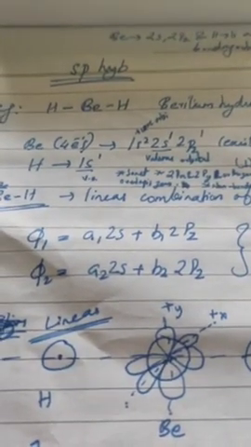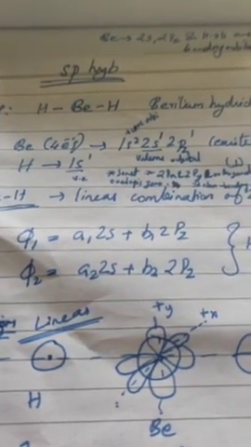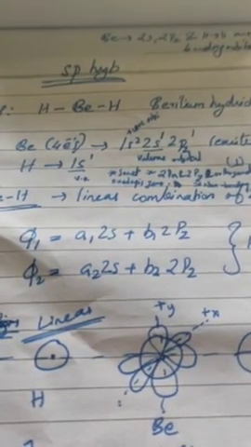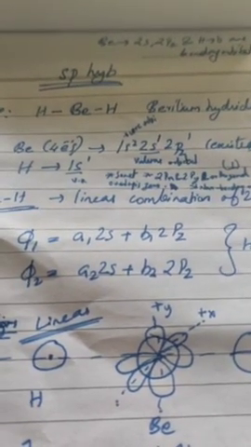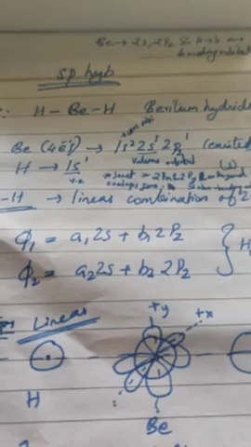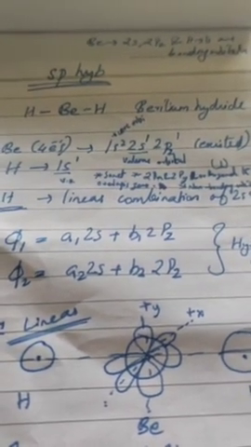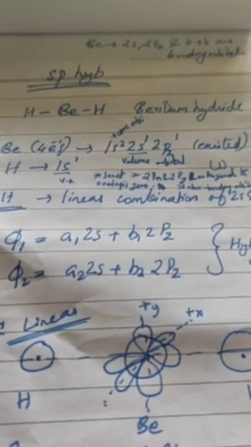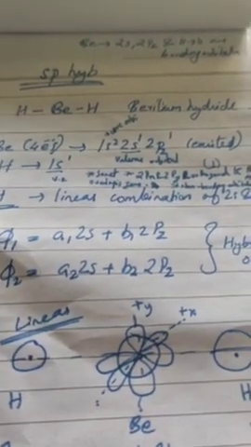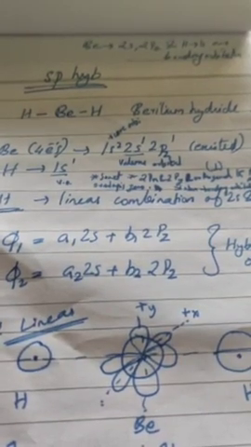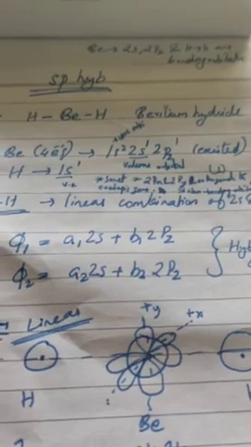And as you know, beryllium has 4 electrons, 2 of them in the 1s orbital and 2 in the 2s orbital. This is for the ground state, but when we consider the excited state, you can see that the 2 electrons are in the 1s orbital, which we call the core orbital, where the electrons are not so highly interacting with the nucleus of beryllium.